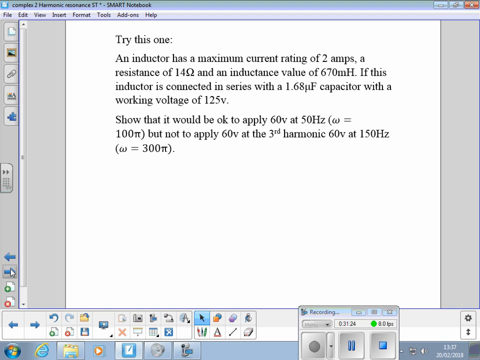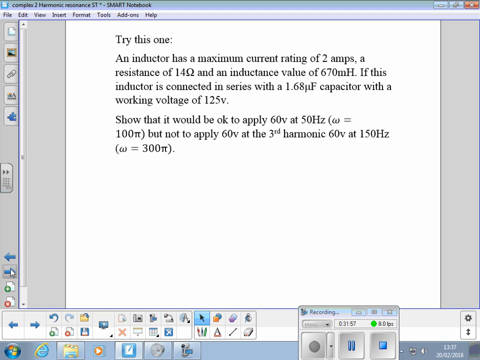It has a capacitor with a working voltage of 5 volts. So we're making some assumptions. I don't know if they're connected to a capacitor of a suitable value, but apply 60 volts at the third harmonic, i.e. 60 volts at 150 hertz, equal to 3.